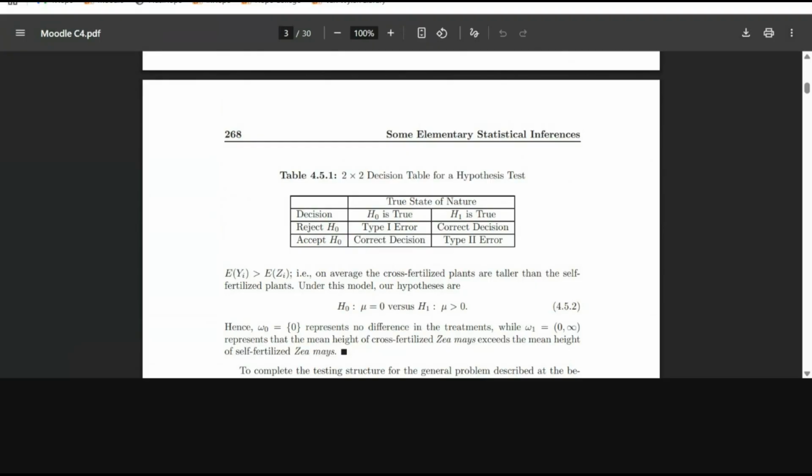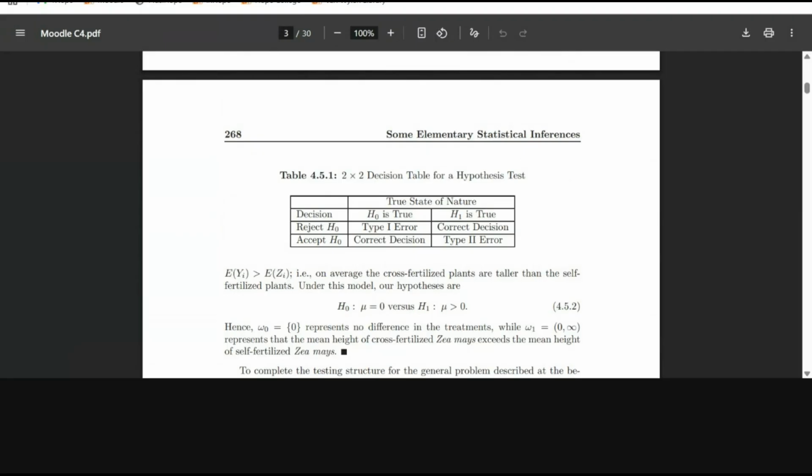If I decide to reject the null based on what I see in the data, and it turns out that the true state of nature is that the null is true, was that a good thing? No, I've made a mistake. I have wrongly rejected the null hypothesis when I should not have. That is termed a type 1 error. And I think it's quite obvious what a type 2 error is.